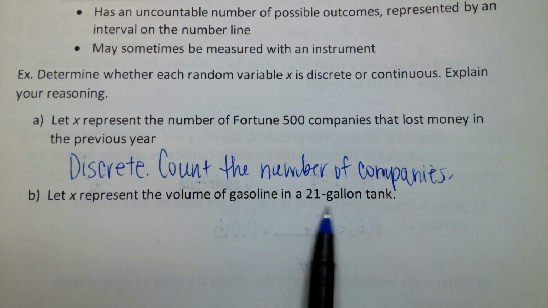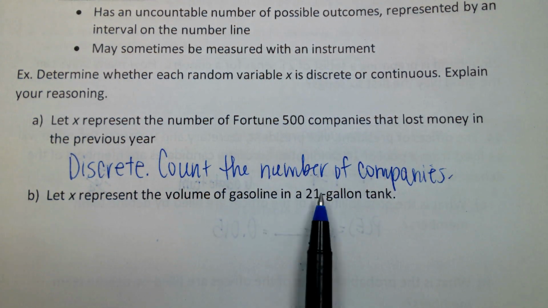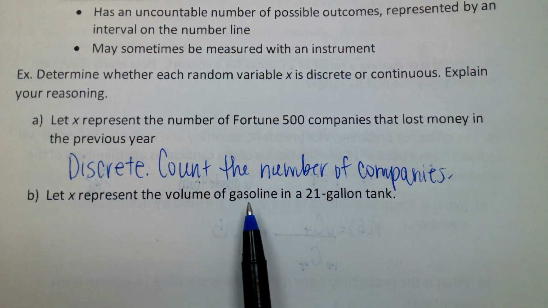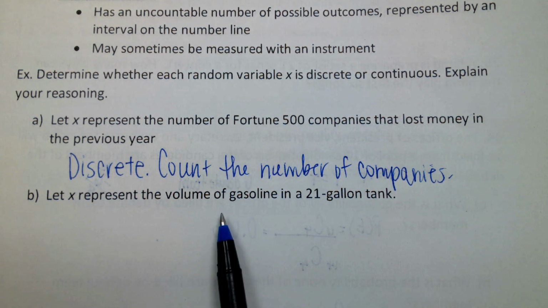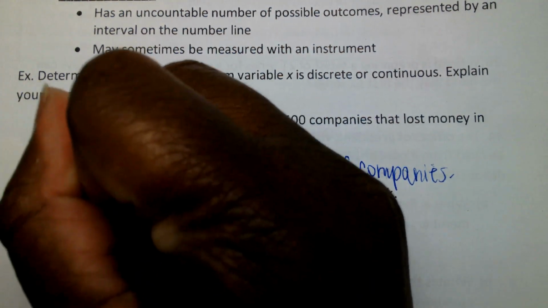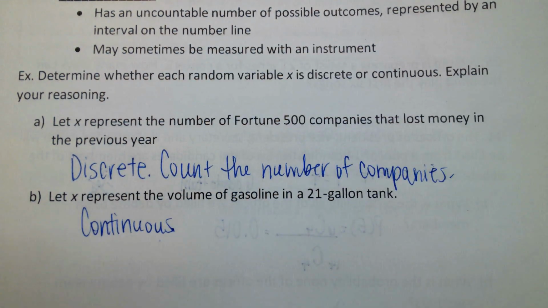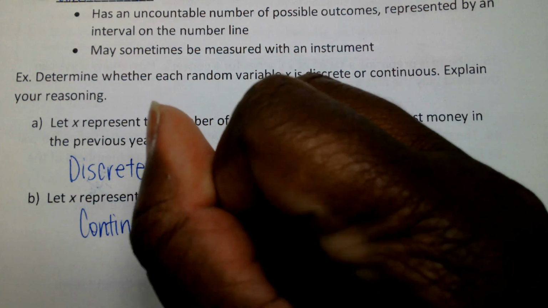This is finite, but we're not looking at the actual tank itself. We're looking at what's going in it. So we're looking at the volume, and volume is a measurement. Continuous, because we measure volume.